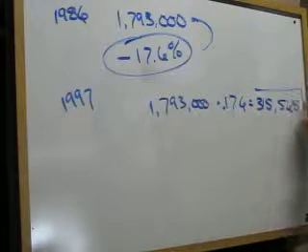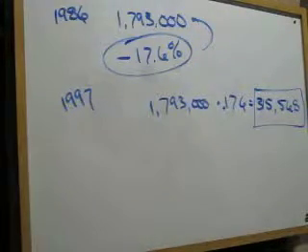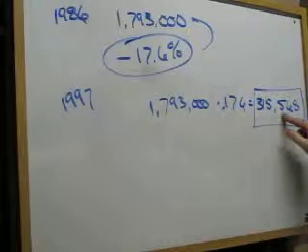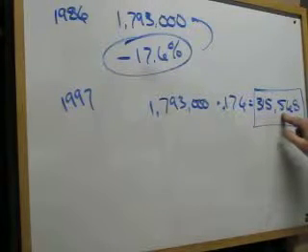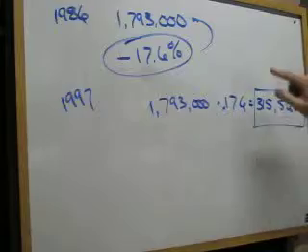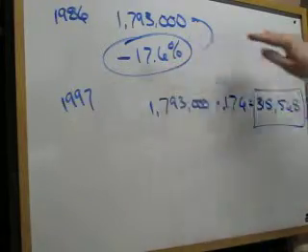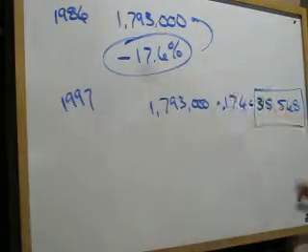And that gives me an answer of 315,568. Now, what does that number represent? That number represents how many fewer people were arrested. It's 17.6% of this total number here.